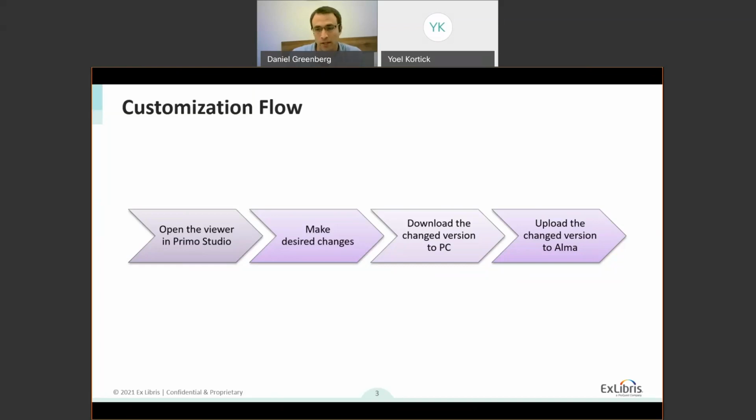Until that point, there are no permanent changes done. You simply have the package ready, and then you can go back to Alma and upload the package which you just downloaded over to the relevant view in Primo. Once that is saved there as part of the view definition configuration, it's a permanent change done to any viewers open on that view.